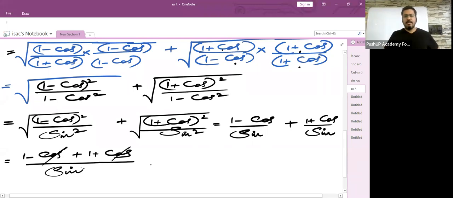Minus cos and plus cos got cancelled. The denominator will be sine. Very good.